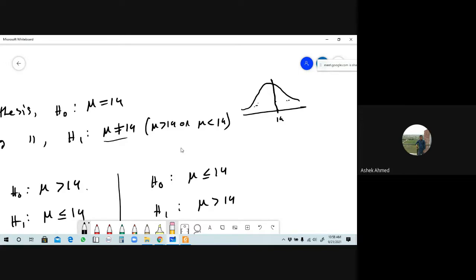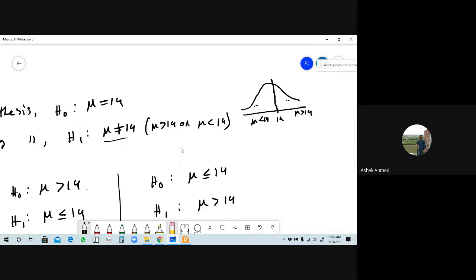One is mu less than 14 and another is mu greater than 14. Is it right? From here the null hypothesis represents only mu equals 14.